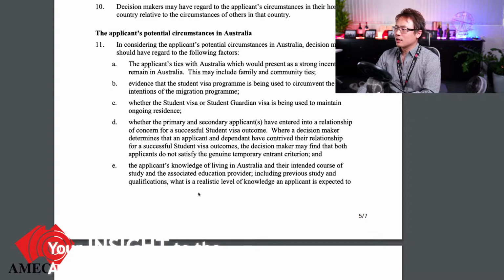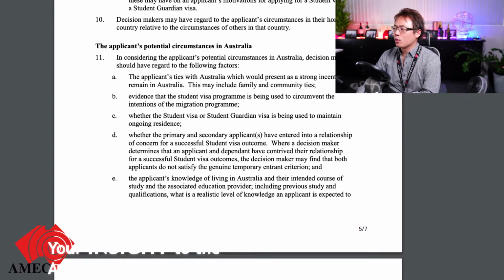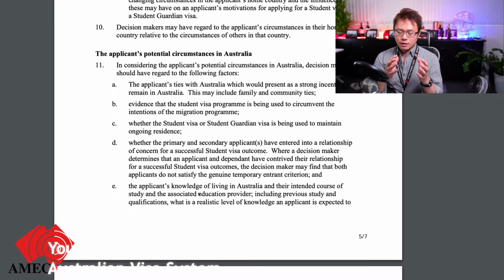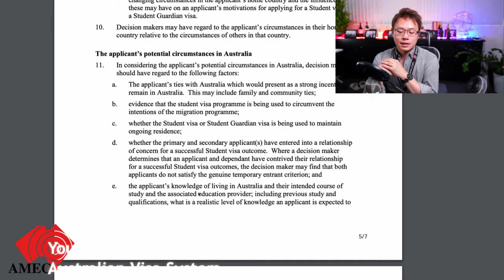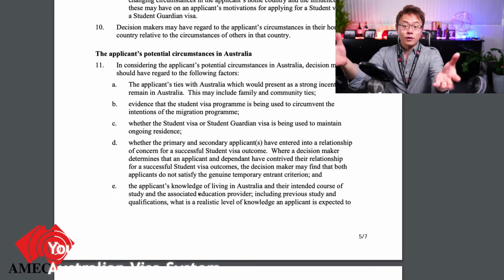It's actually a very interesting point where the government is actually promoting GSM, as you know, the skilled migration program, allowing the applicant to actually come and study and get more points for your EOI, correct?